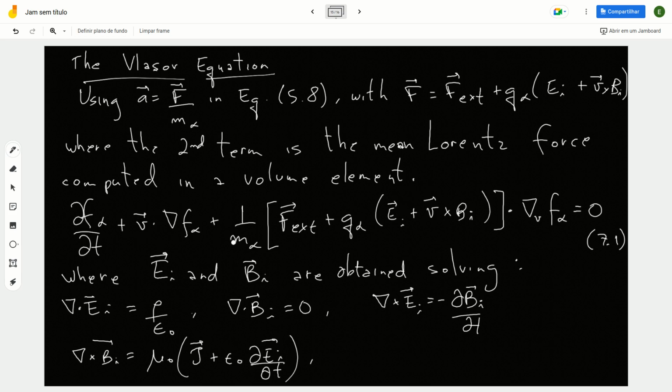Actually not, because remember that in this formalism, V is an independent variable. So your independent variables are position, time, and velocity. So F is a function of V, and no need to worry about it. You don't need an equation for V. For each V, you have a value for this equation. You may change V from minus infinity to plus infinity and have a different equation like this for each one of them. Okay, and this is the end of chapter 5.